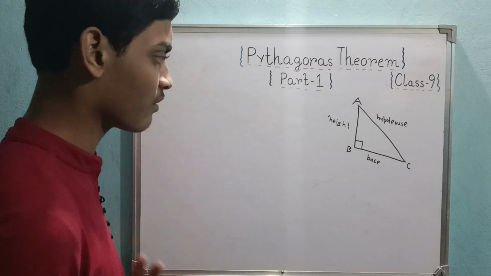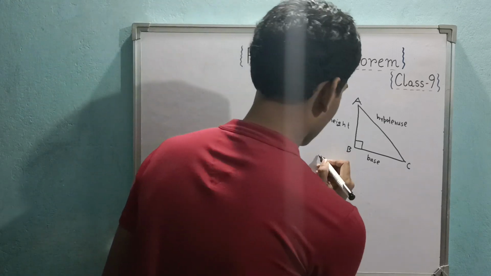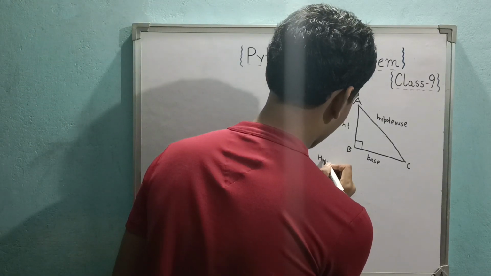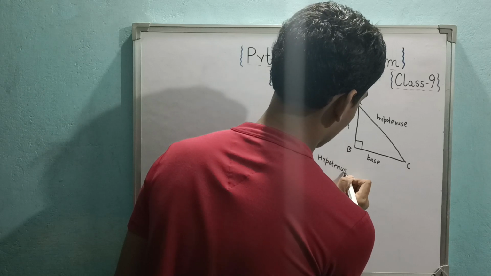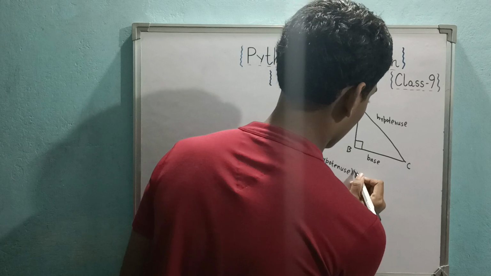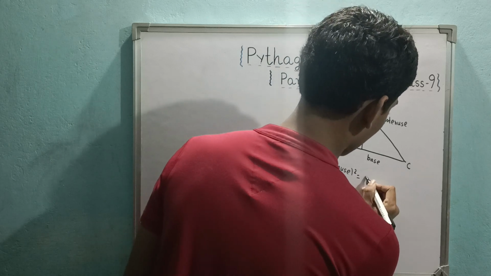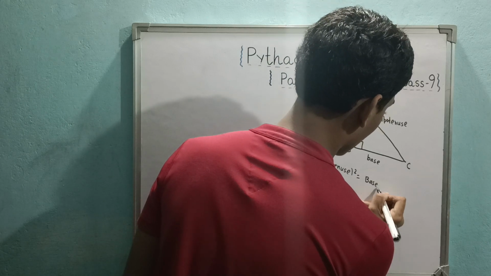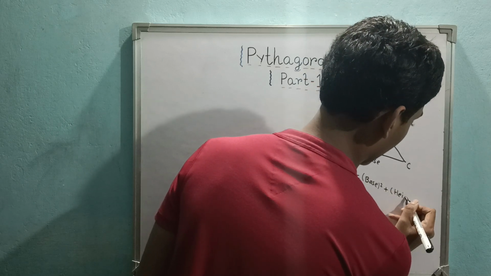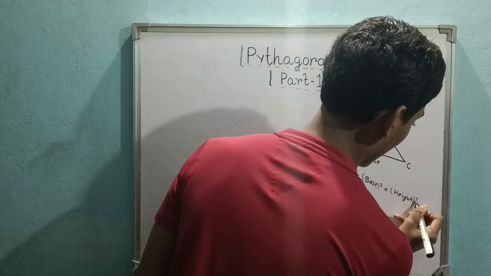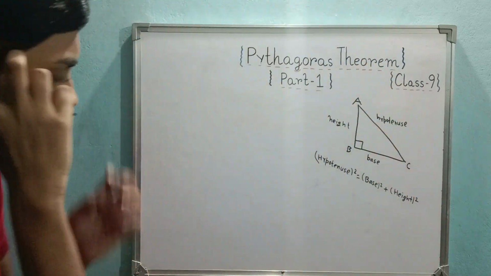The theorem says that hypotenuse square equal to base square plus height square. Okay, that is the Pythagoras theorem for you.